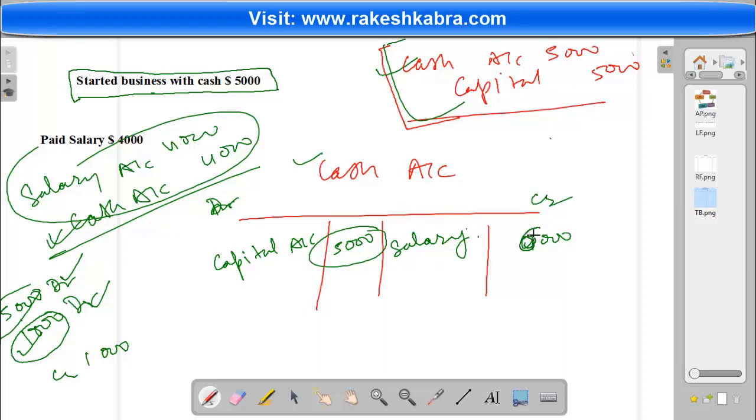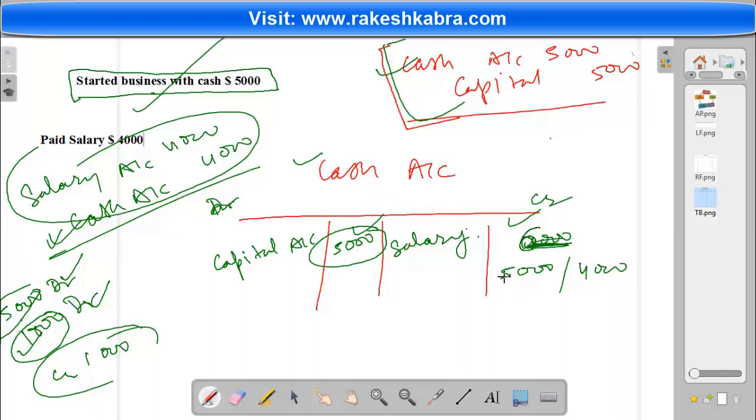If it were possible, then only it would show credit balance. But we know that it is not possible. So it is not possible for us to pay 6,000. We will pay either only 5,000 or only 4,000.